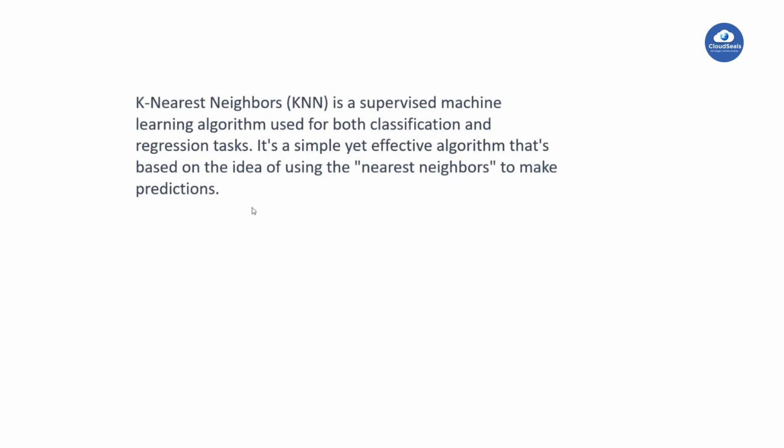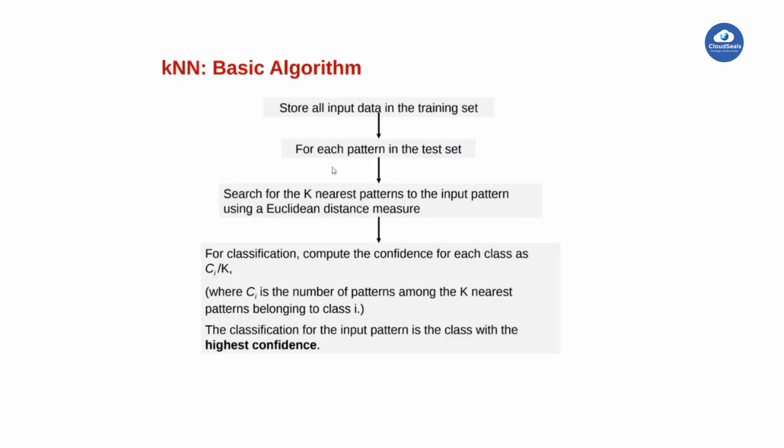to make predictions. For example, the basic algorithm is: first we store all data points as a training data set for each pattern in the test set. For each pattern in the test set means, for example, let's say we have 10 patterns in the training data, but we have 15 patterns in the test data. What will happen?